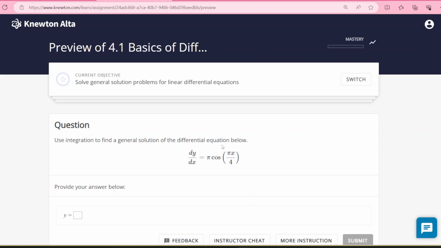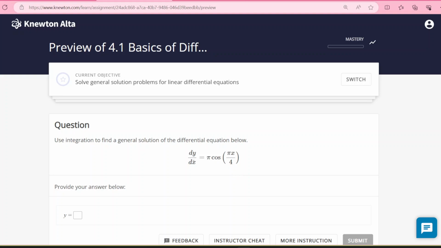So remember, a differential equation is an equation involving functions and their derivatives. And a solution to a differential equation is a function that will satisfy such an equation, right? So you're not looking for numbers, not numerical solutions, but functions.